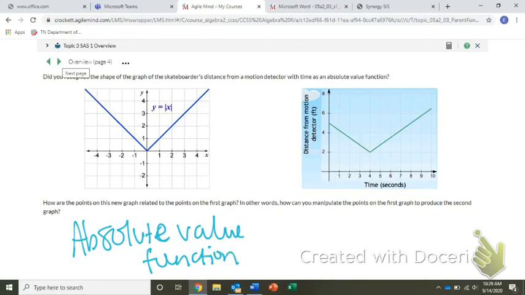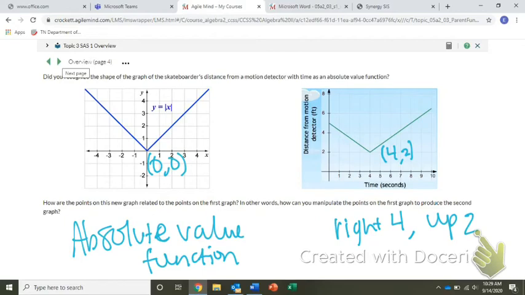Okay, this point in the center is 0, 0. But this point, after it's transformed, is positive 4, positive 2. So what that means is that it is moved to the right 4 times, but it's also moved up 2. Okay?